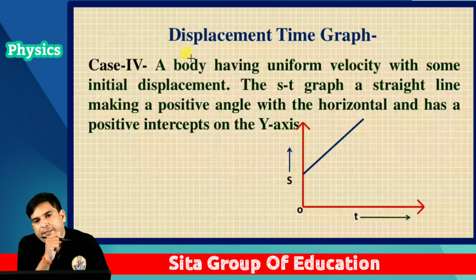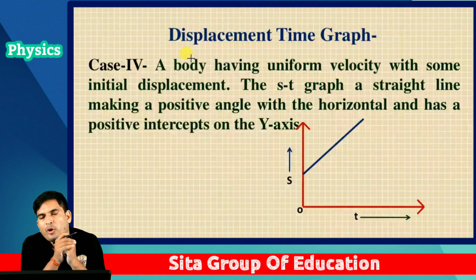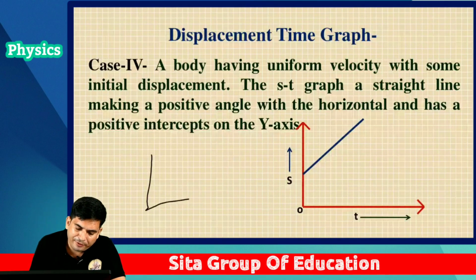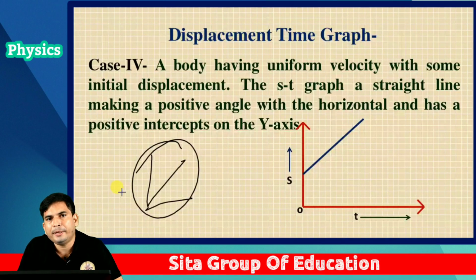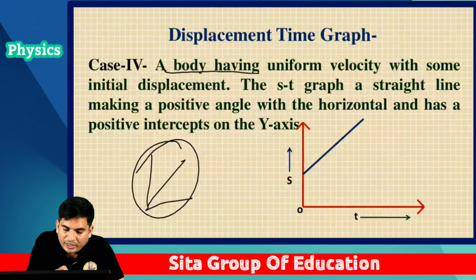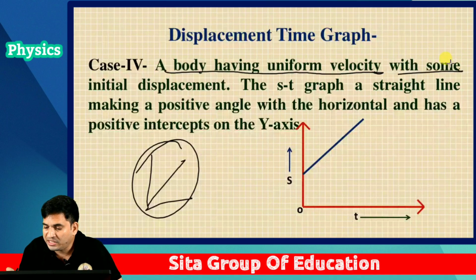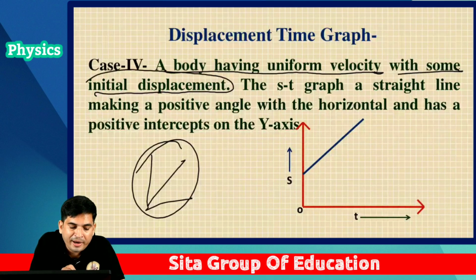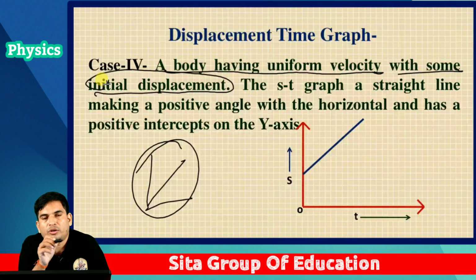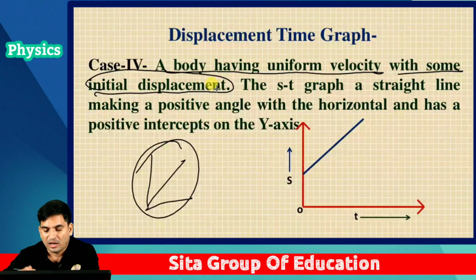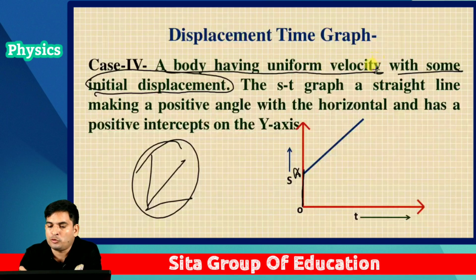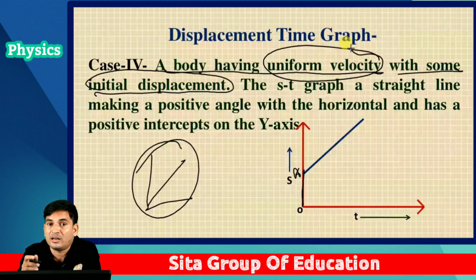Just before, in the previous case, you saw uniform velocity starting from rest, and this type of graph can be. But here you will see a body having uniform velocity with some initial displacement. Note this point, initial displacement. Already you have covered some distance, this O to A. A body having uniform velocity, one thing is the same as the previous case.